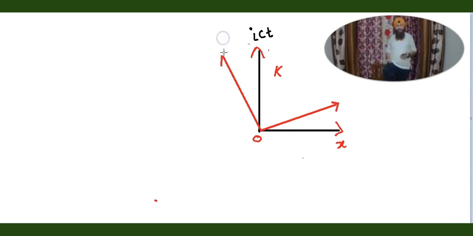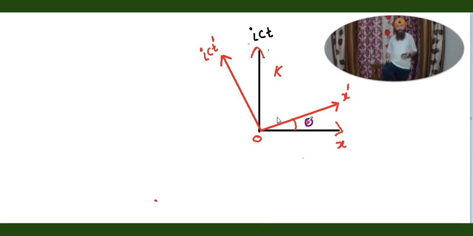So the two axes are X dash and iota CT dash, where iota is the imaginary number. This angle is theta: we have shown another frame K dash at some angle theta. So I have two frames K and K dash, made up of space and time coordinates, where the time coordinate is imaginary, of course.